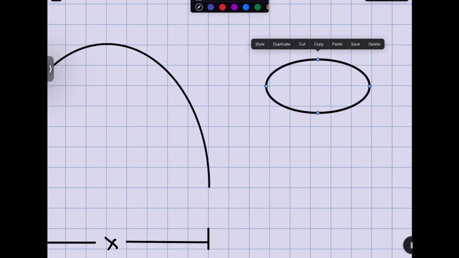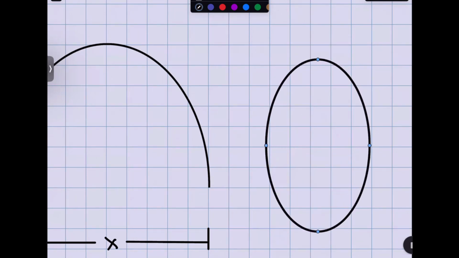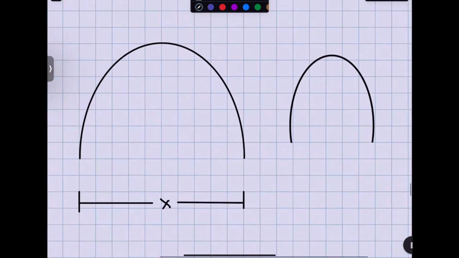Because with this one, I think what it's trying to say is this. The confusing part is that they're saying semicircle, semi-ellipse, but I got a feeling it keeps on coming.